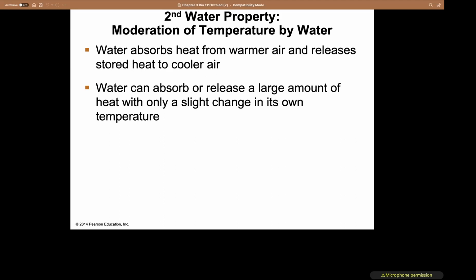And temperature is how we are able to relate the amount of heat, the great amount of energy. So water can absorb lots and lots of energy and maintain its own temperature very well. Water will absorb heat from warm air and release heat to cooler air.